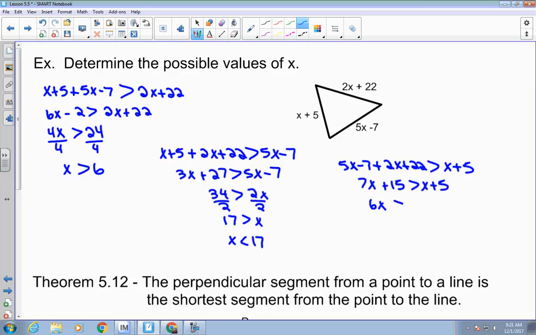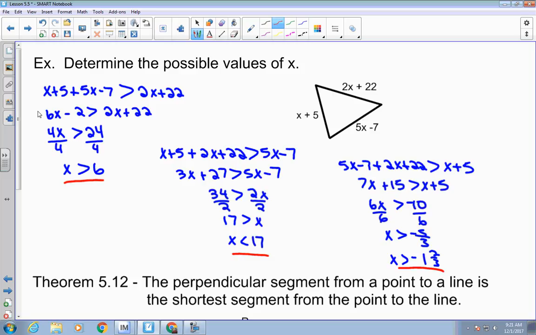Subtract 15 from both sides. Divide both sides by 6, and x is greater than negative 5 thirds, which is about negative 1 and 2/3. Okay? 1.6 repeating. All right. Now, here are all of the stipulations.